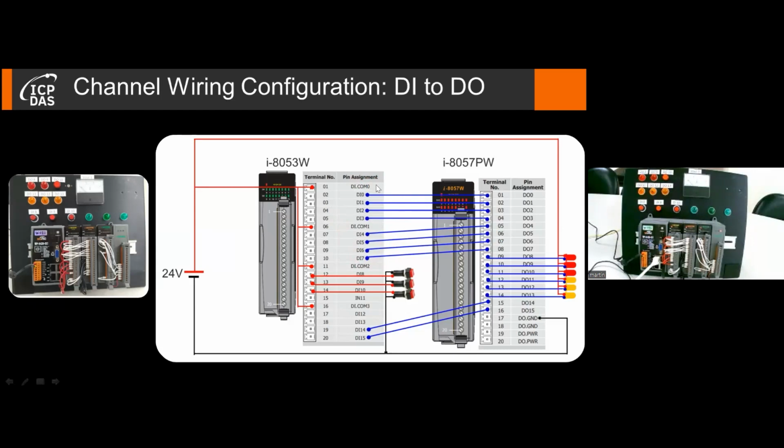In addition, 6 LED lights are directly connected to digital output channels 8, 9, until 13, and 3 push button switches are directly connected to digital input channels 8, 9, and 10.